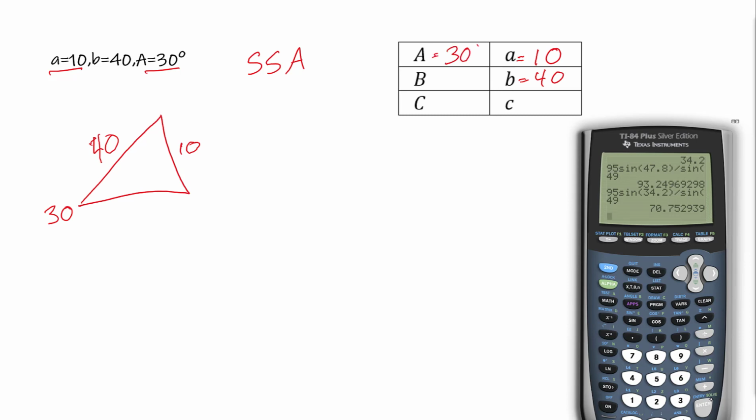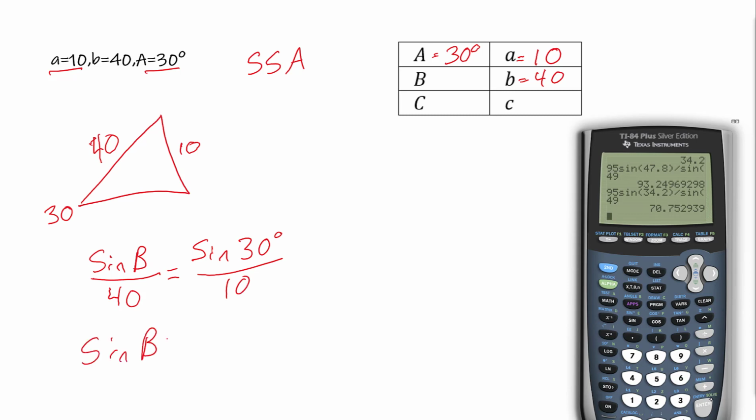Well, let's just try to solve for angle B. Sine of B divided by 40 is equal to sine of 30 degrees divided by 10. So sine of B equals 40 sine 30 divided by 10. Let's punch that in. 40 sine 30, close parenthesis, divided by 10.